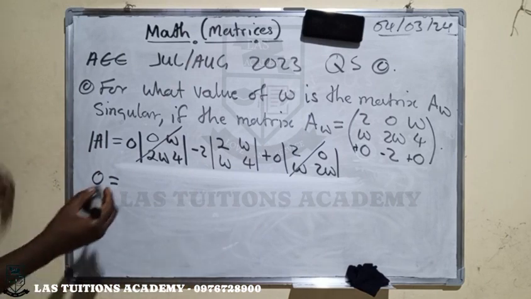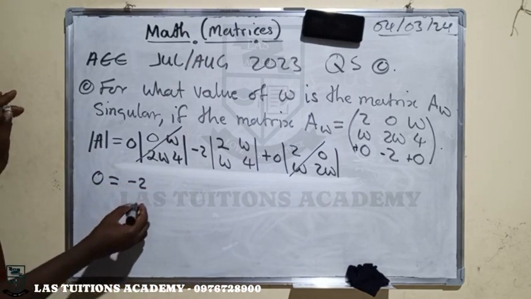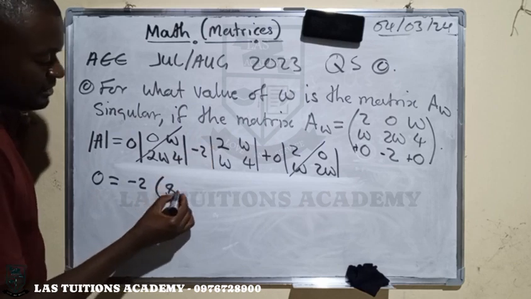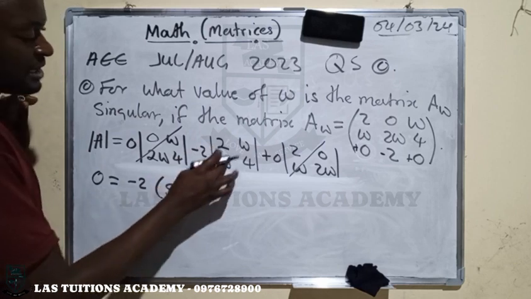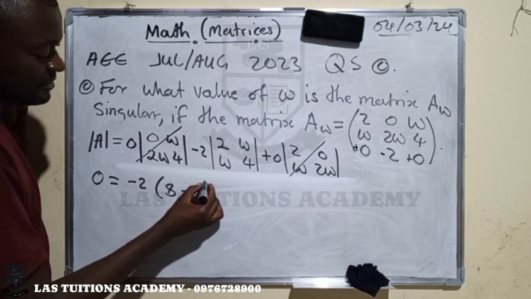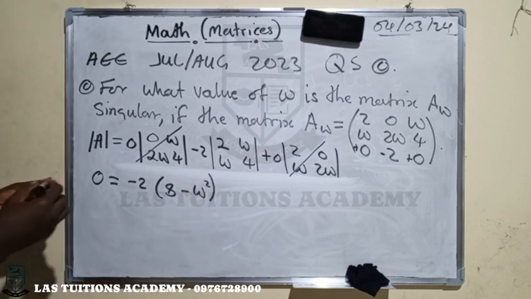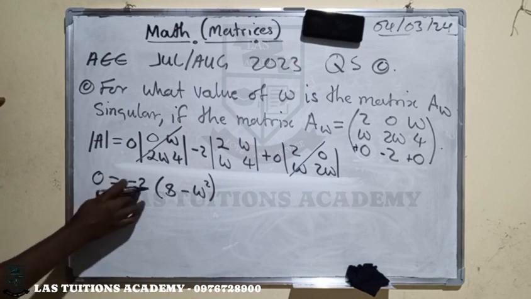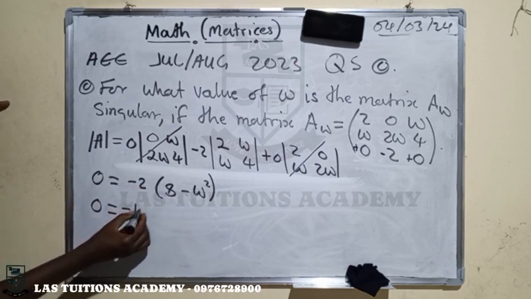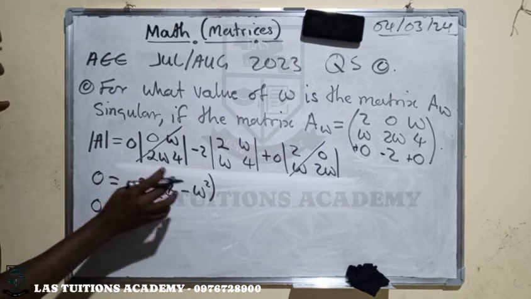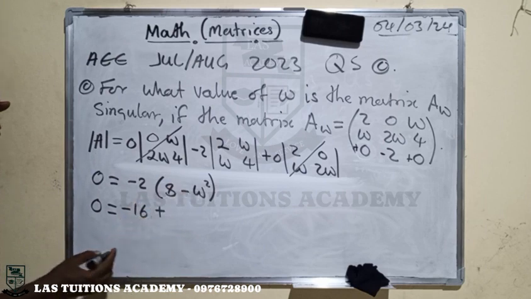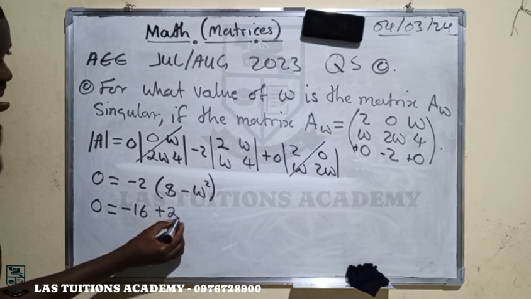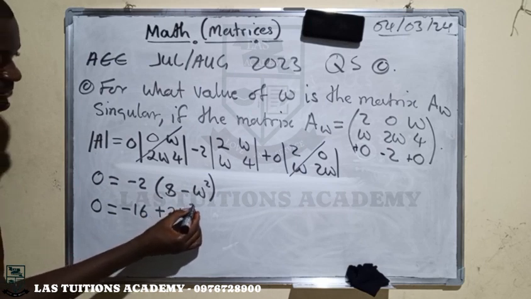So I'm going to have -2 times (4 times 2, that is 8, minus this squared). So 0 is equal to 2 times 8, that would be -16, negative times negative we get plus, so plus 2w squared.